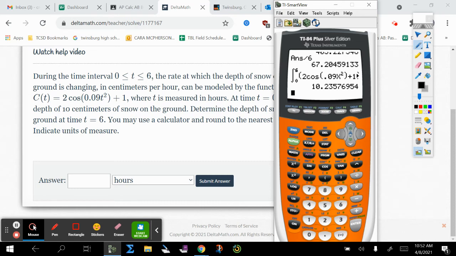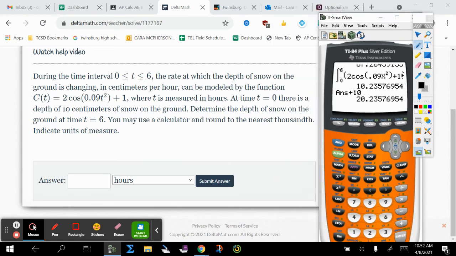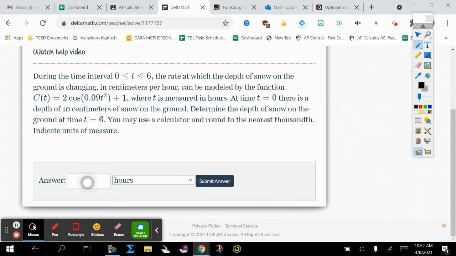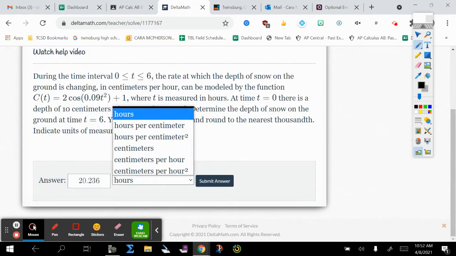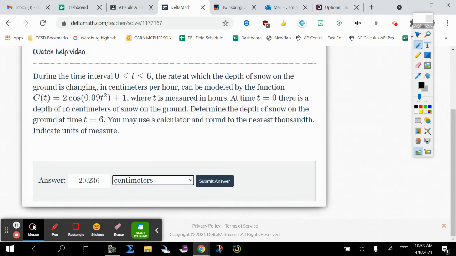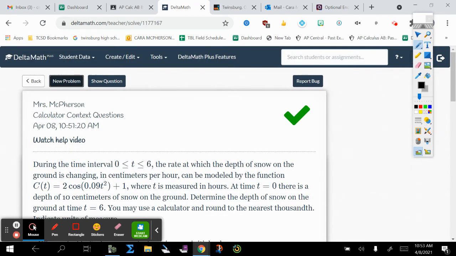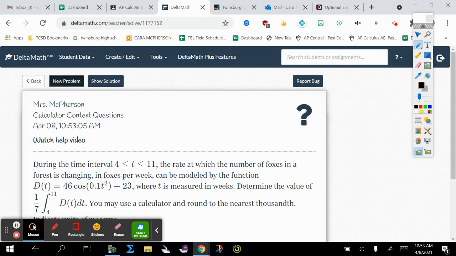We started off with 10 already there, so we're going to add that 10 on. So we get 20.236. And that is snow in centimeters. There we go. There's one type I'm looking for.